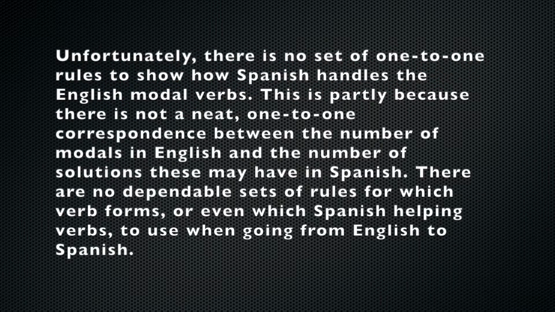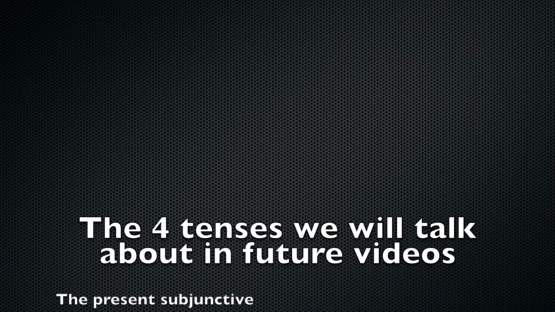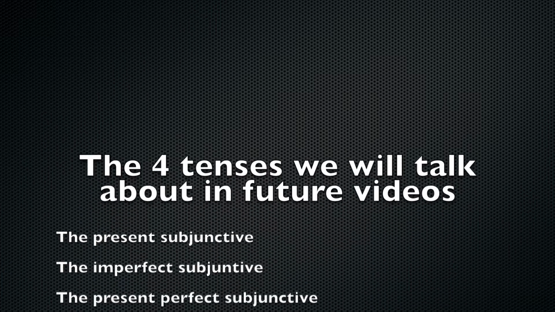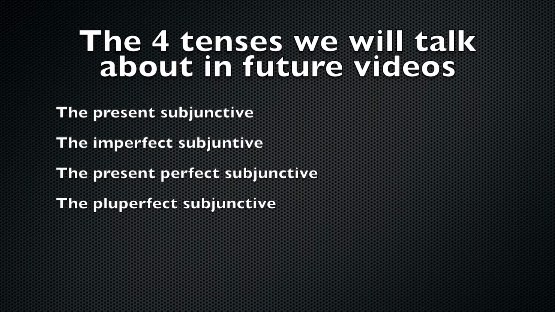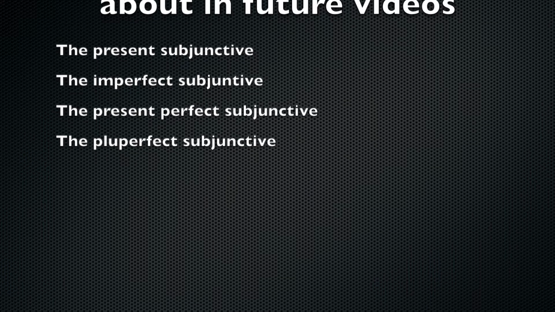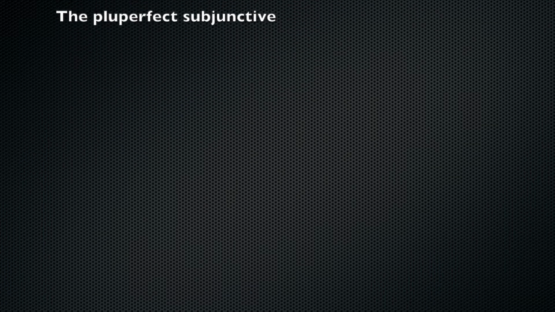Unfortunately, there is no set of one-to-one rules to show how Spanish handles the English modal verbs. Now in Spanish, we have four tenses of the subjunctive. So we are going to be talking about the present subjunctive, the imperfect subjunctive, the present perfect subjunctive, and the pluperfect subjunctive, also known as the past perfect subjunctive.